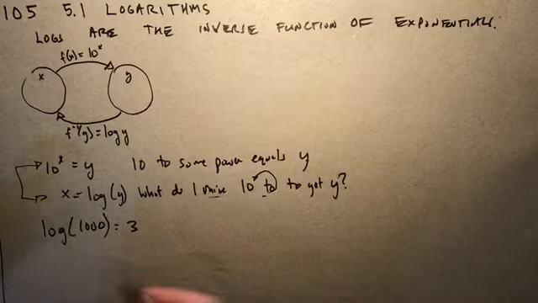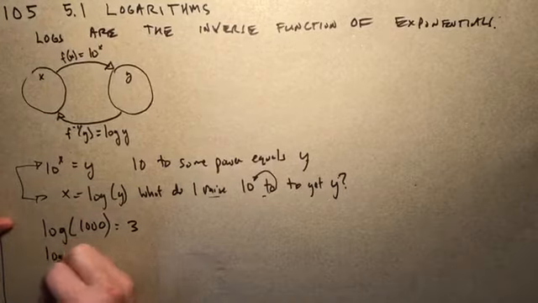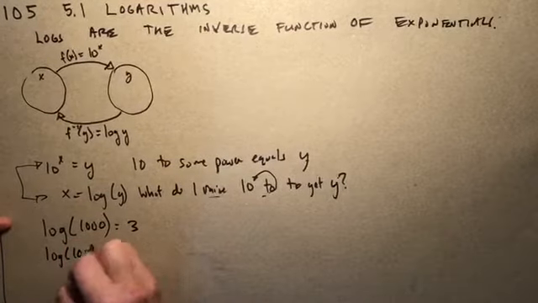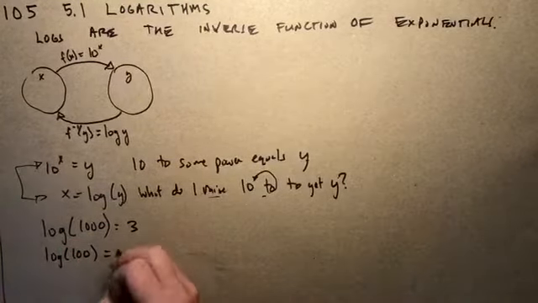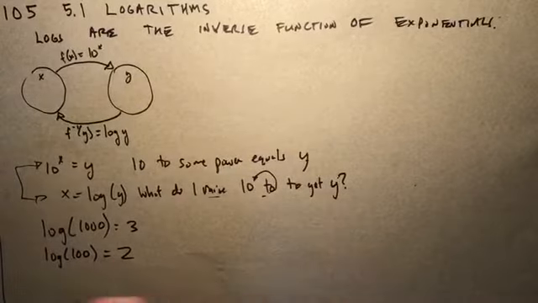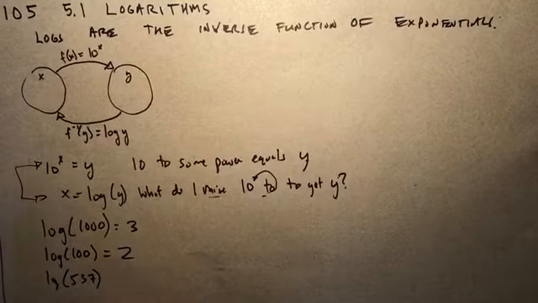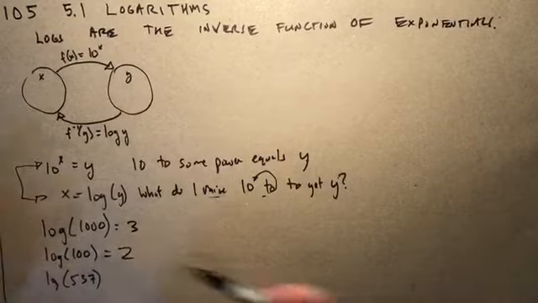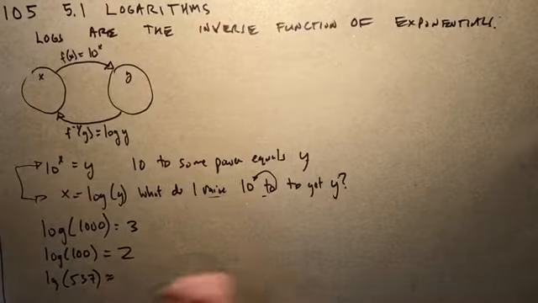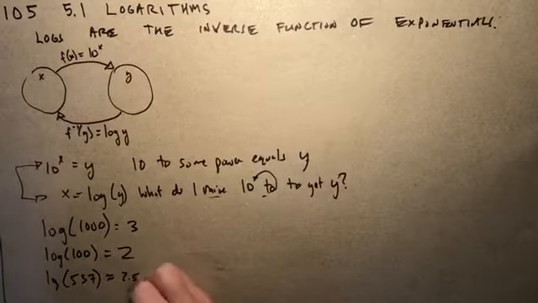And we can keep playing this game. If I said log of 100, we're certainly going to get 2. And if I gave you something like the log of 537, well, you would say, that's between 100 and 1,000, and so we might say it's around 2.5-ish.